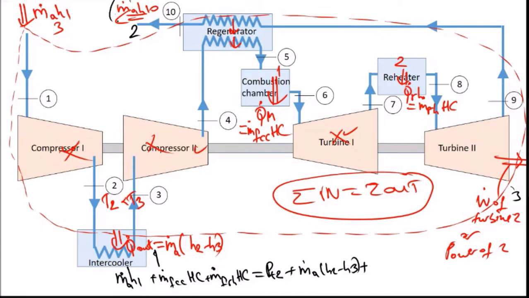This is the mass flow rate of air plus the mass flow rate of the fuel of the combustion chamber plus the mass flow rate of the fuel of the reheater, because three mass flow rates are there, into H10.